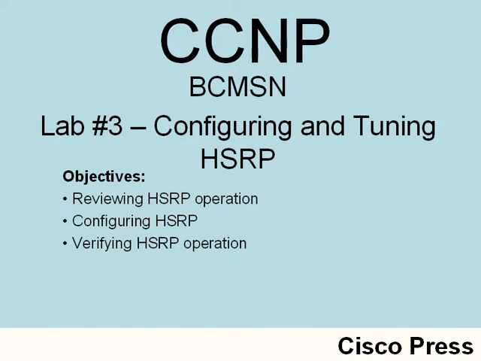Then we are going to watch HSRP in action by simulating a failure. We will unplug the cable going into the Ethernet interface on one of our routers to simulate an interface failure or a router failure, and we can see that HSRP, after just a few seconds, is going to cut over to the backup router. And by watching that happen, we're going to be able to make a couple of observations.